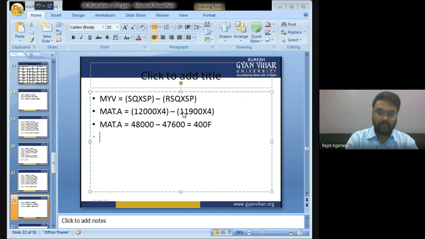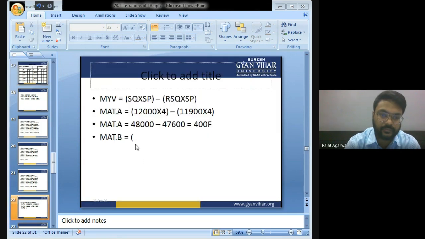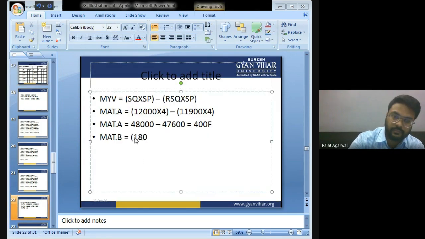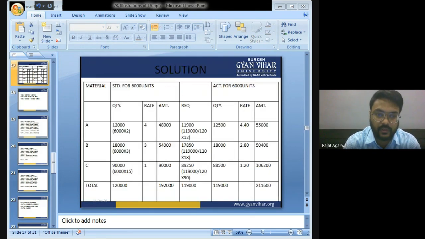Now material B. Standard quantity of B is 18,000. Standard price of B is 3.